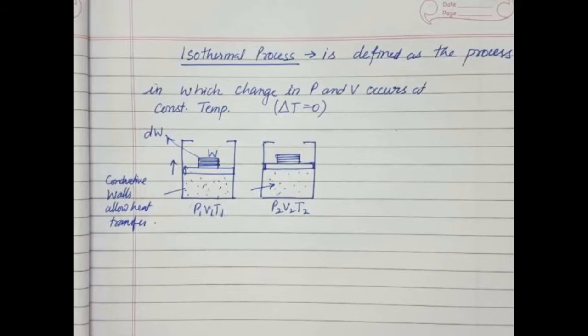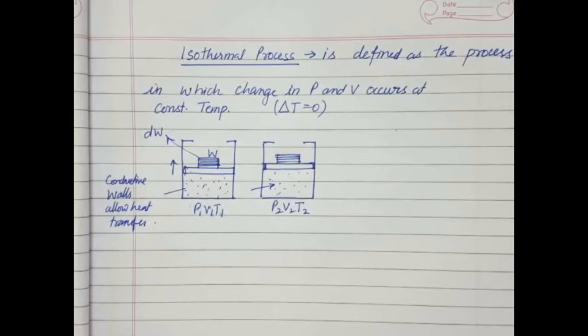Now, an example of this isothermal process in daily life is that we design our air compressors based on isothermal process, because isothermal process corresponds to the lowest amount of work. Apart from all the processes, isothermal process needs the lowest amount of work input.